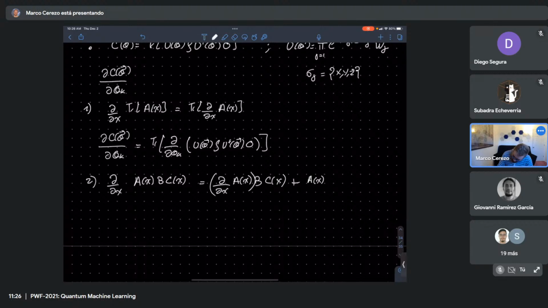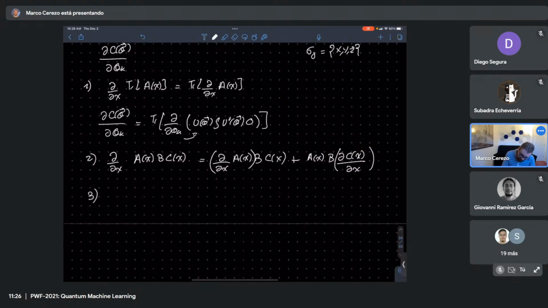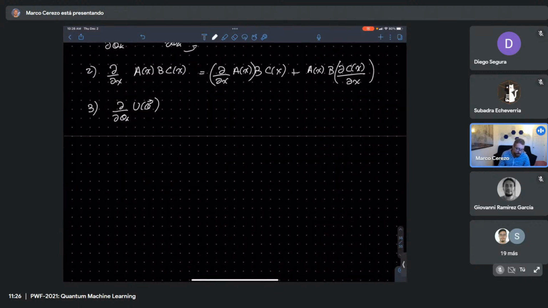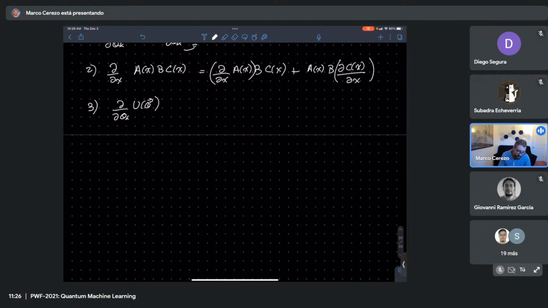So we know how to take this partial derivative and distribute it here. Then we need to know how the partial derivative of U of theta works, right? And you're going to be able to compute this. And at the end of the day, once you run through all the math, and there are some tips that you're going to have to use.